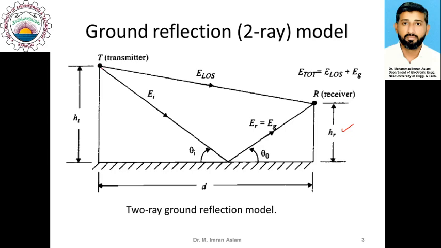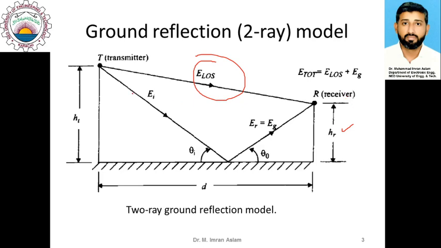We assume that the waves transmitted from the transmitter can be treated as two rays. The first ray goes directly from the transmitter to the receiver, represented here by E_LOS. So E_LOS represents the electric field component which goes directly from transmitter to the receiver.